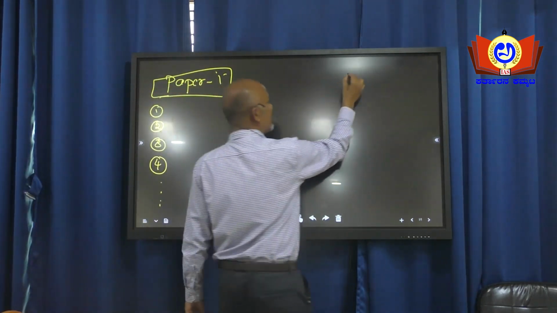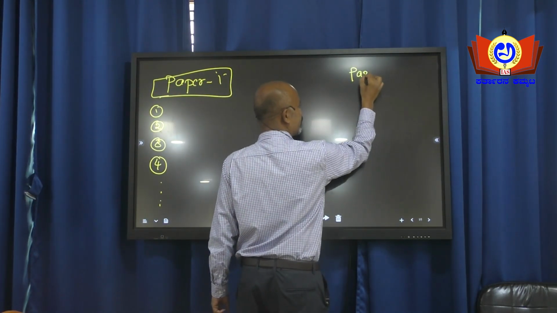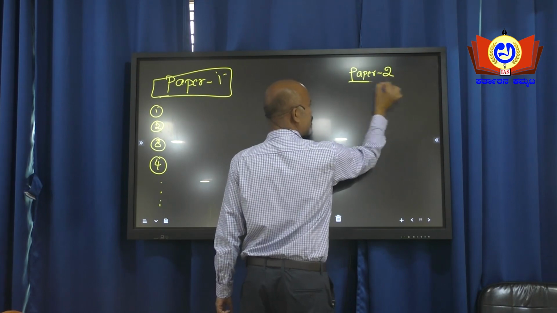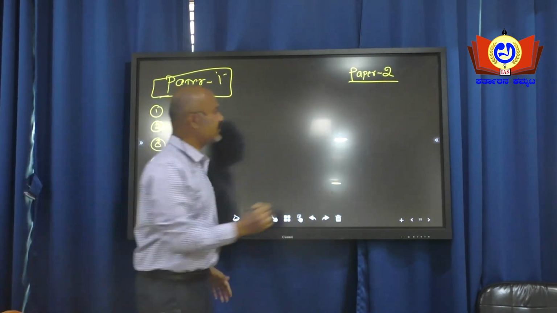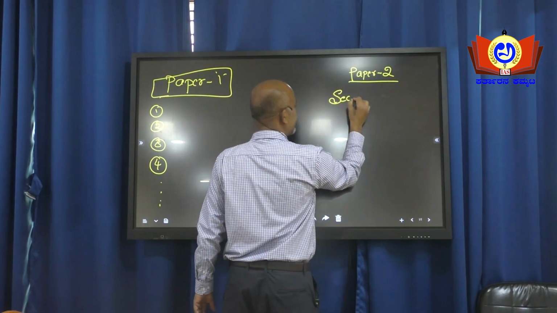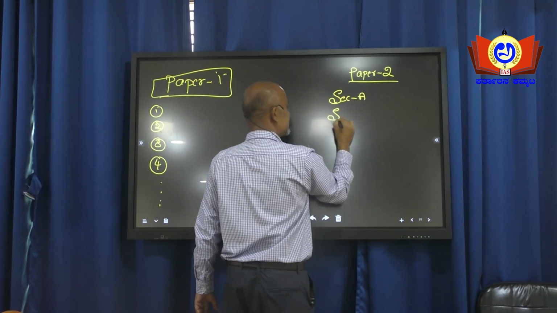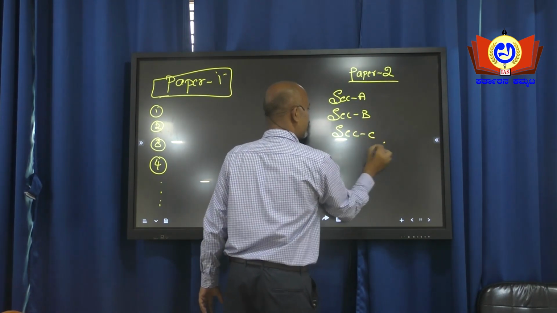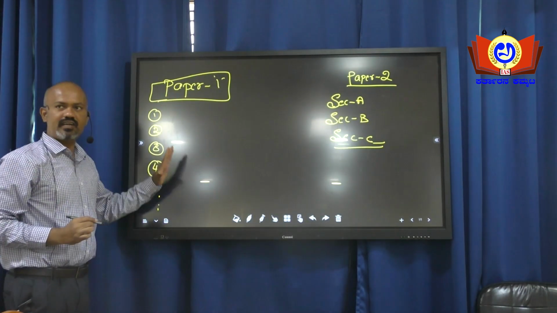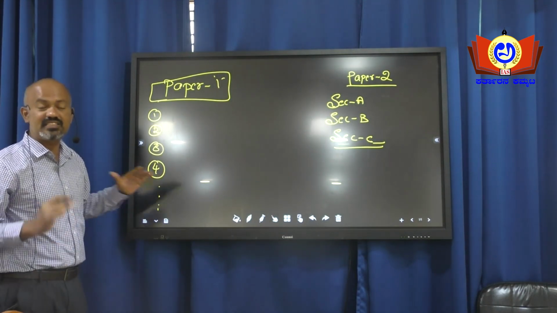And in paper 2 we have sections, section A, section B, as well as section C. This is the complete structure of paper 1 and paper 2. Let us see the content, that means the chapter names.